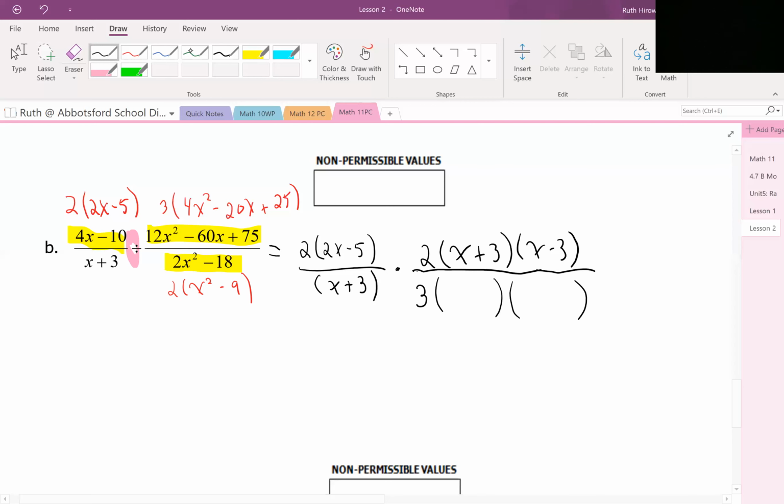Okay, in order to factor that, remember that we are looking for two things that add to negative 20 and that multiply to 4 times 25, multiply to 100. In fact, as I start doing this, I think I see a perfect square trinomial. So let me write it here and then you double check for me if that actually works.